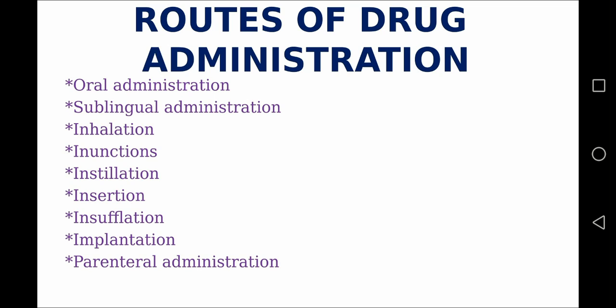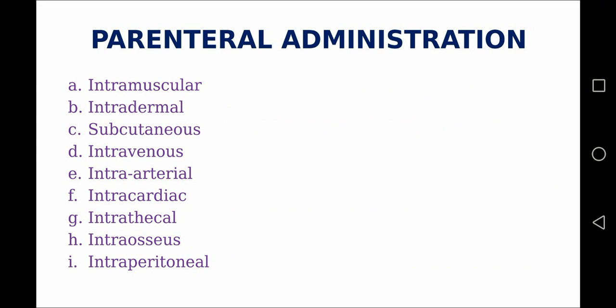Let's see the parenteral administration. Here the administration of drugs other than oral is called parenteral. Here we can see the parenteral administration in detail. The first one is intramuscular injection.